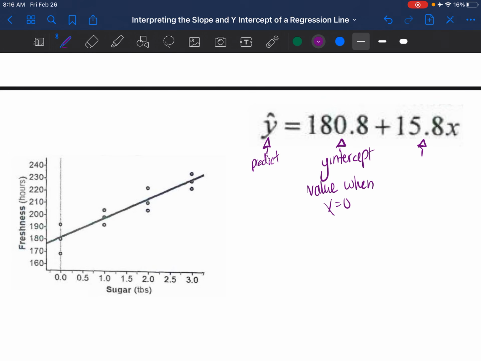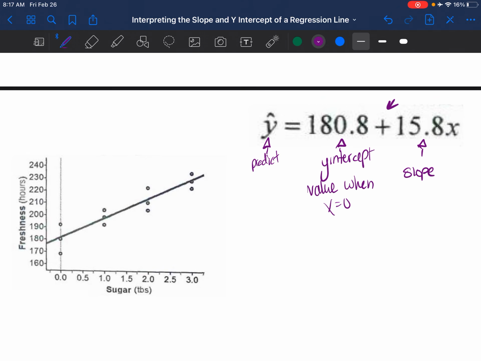And then I have my slope. Already I can see that my slope is positive, which means my line is going up. My y-intercept is 180.8, which makes sense. That line should go a little bit up there. And it looks like it's going up about 15 each one.